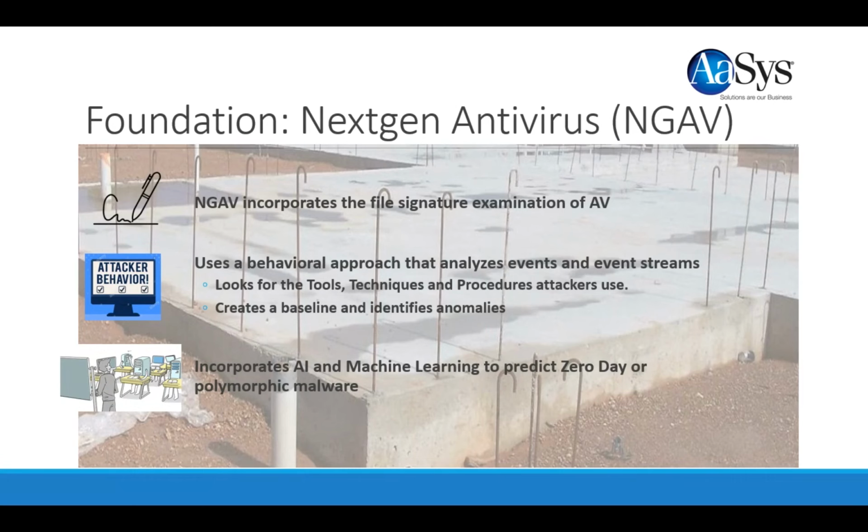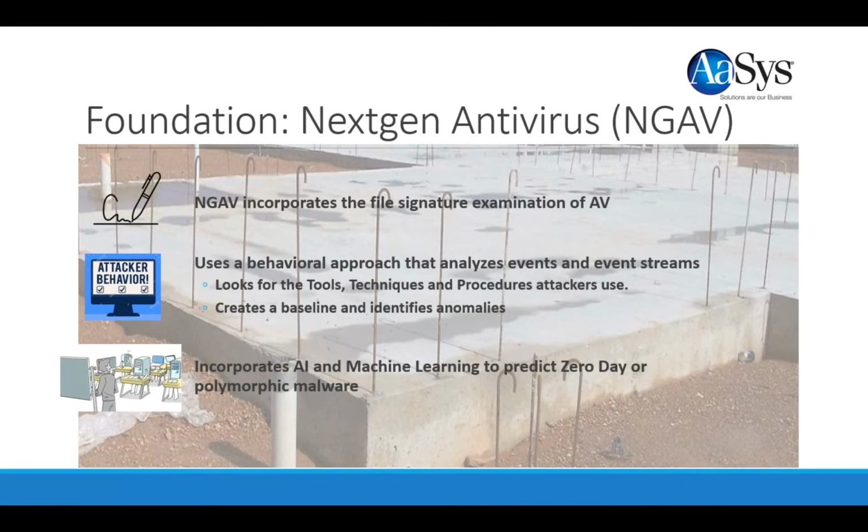Rather than just looking for signatures, it looks for patterns in event streams that suggest something malicious. And they often use machine learning or artificial intelligence to alert you to anomalies at an endpoint. Next-gen antivirus adds the benefits of a behavioral approach to identifying threats. The upshot is that next-gen antivirus significantly expands the scope of the threats you're defending against by examining behaviors at the endpoint that are similar to known threats and the tools and techniques they use.